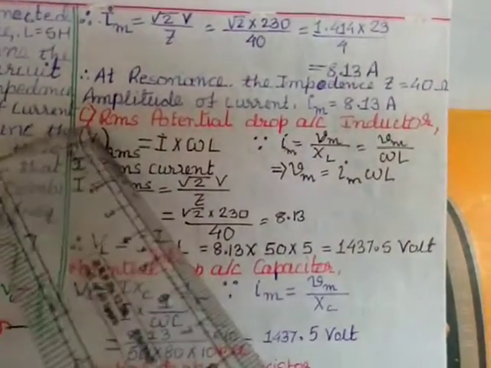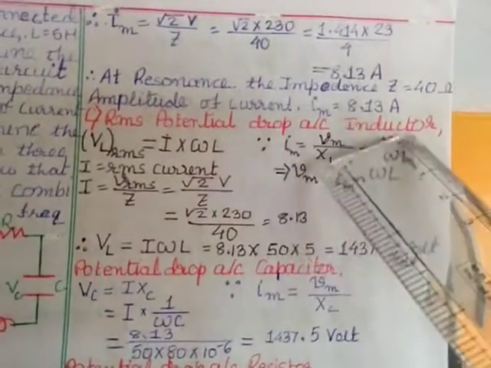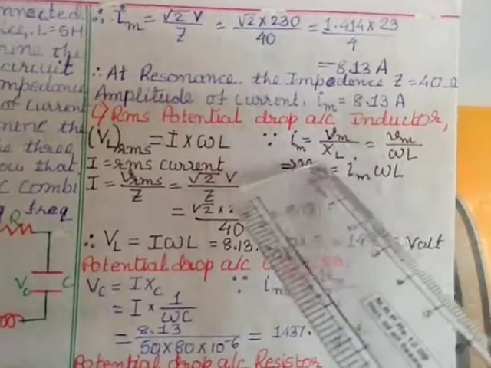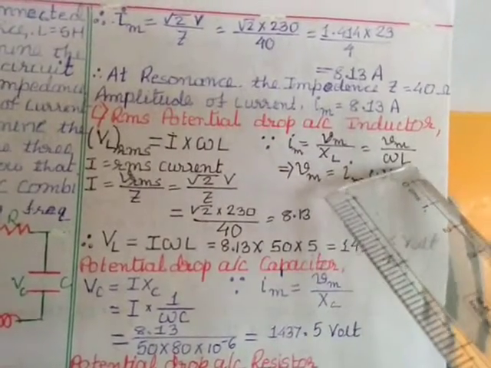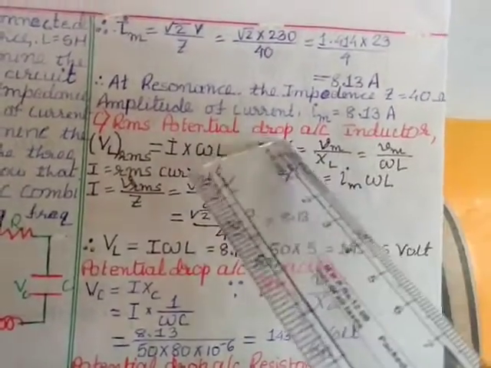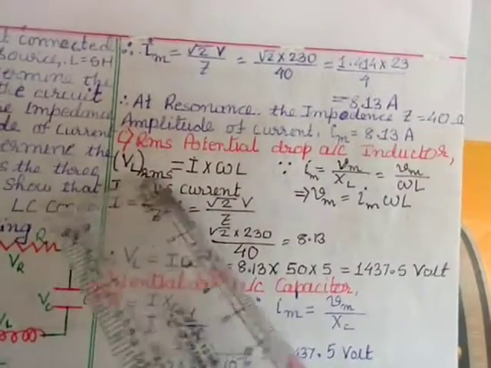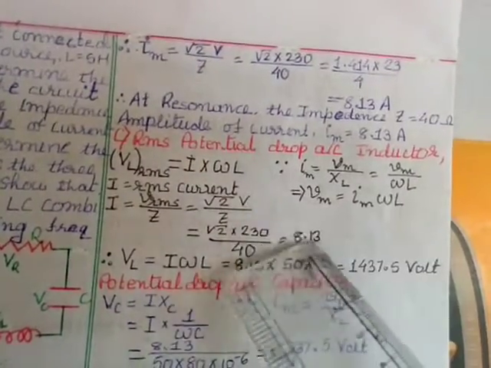Part C. RMS potential drop across inductor. Now for inductive circuit, we know the current is given as Im is equal to Vm by XL. XL is omega L. If I transfer omega L here, then you get Im omega L is equal to Vm. Now VL RMS equals I into omega L. So this value has come from this formula.